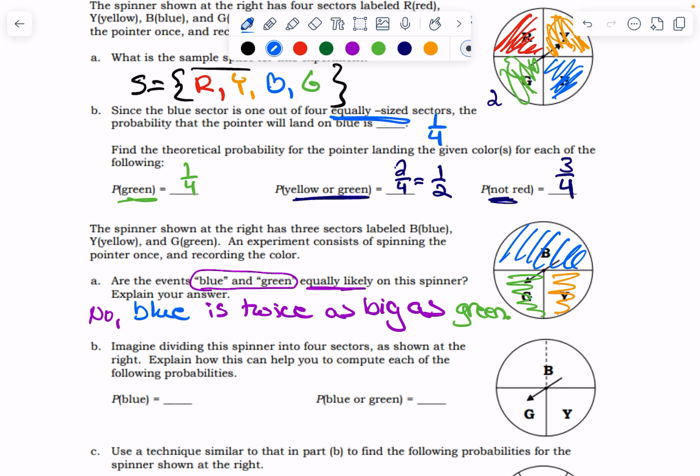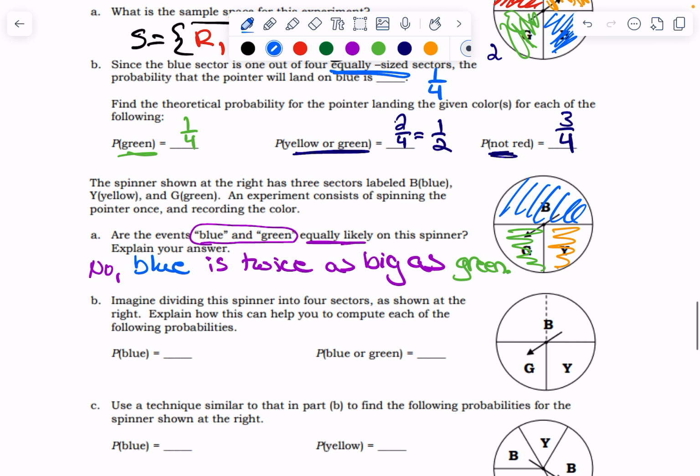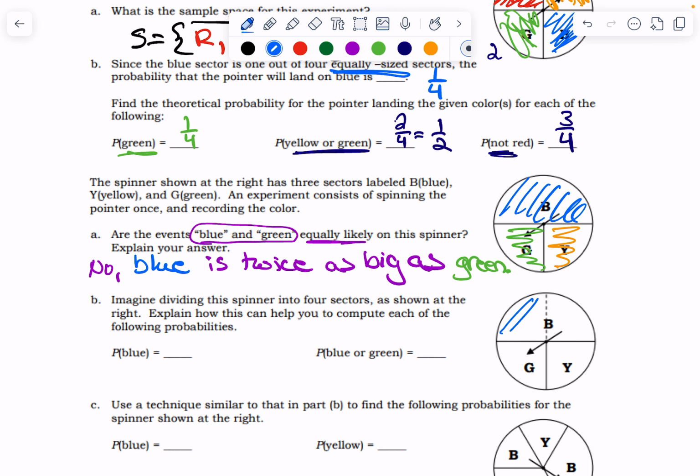So imagine dividing this spinner into 4 sectors as shown at the right. So here we can see that blue has been divided into 2. Then we've got the green and we've got the yellow. So explain how this can help you compute each of the following probabilities.